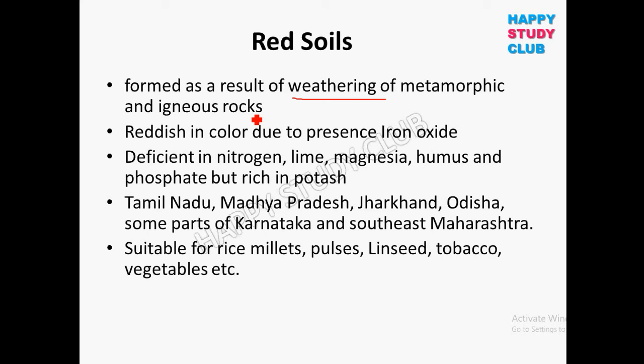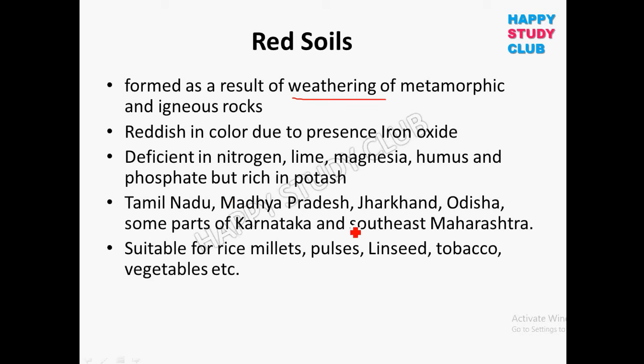As a result, red soils are formed. Red soils are reddish in color due to the presence of iron oxide. A high amount of iron is present in red soils. This is the reason why they are red in color. They are deficient in nitrogen, lime, magnesium, humus, and phosphate, but they are rich in potash.